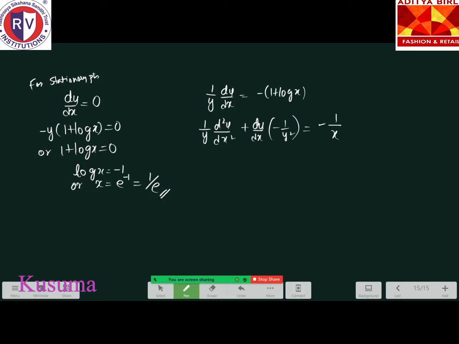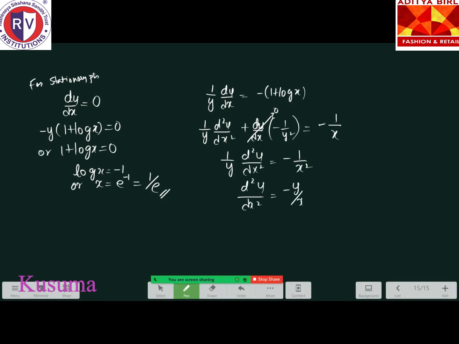So look at this. At the stationary point, we have dy by dx is equal to 0. Therefore, this term vanishes to 0. Okay, so this will be 1 by y into d square y by dx square is equal to minus 1 by x square, or d square y by dx square is equal to minus y by x.